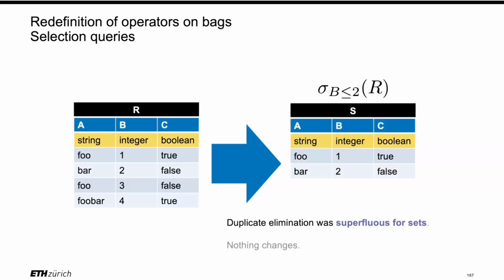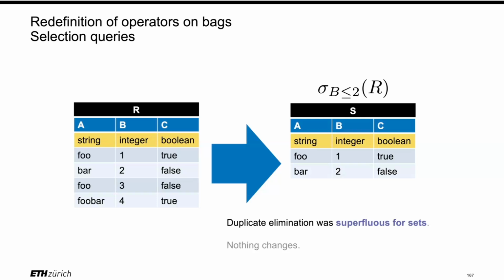Selection is also very easy, right? You select on bags of maps in exactly the same way you select on sets of maps. It works the same. And even on sets, the selection wasn't producing duplicates anyway, so it also will not add more duplicates. It's only taking some of the maps that satisfy it. Who finds it easy?